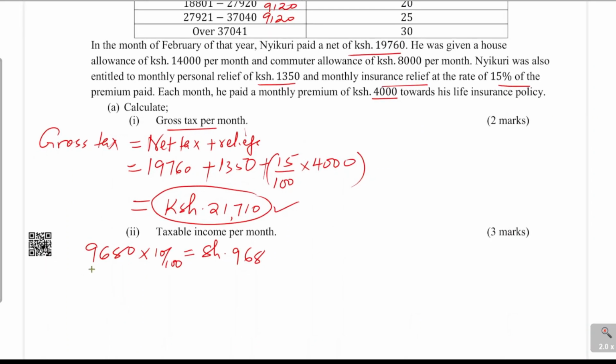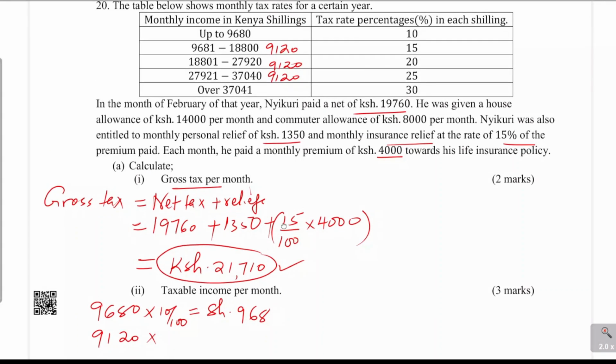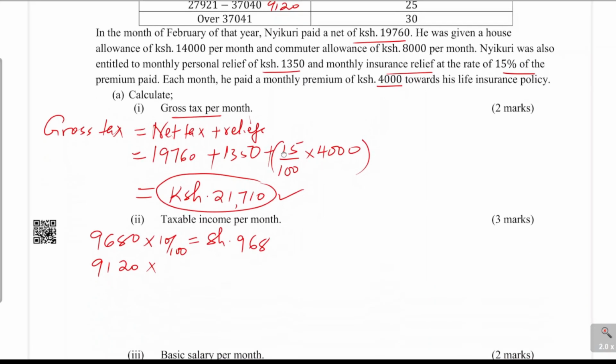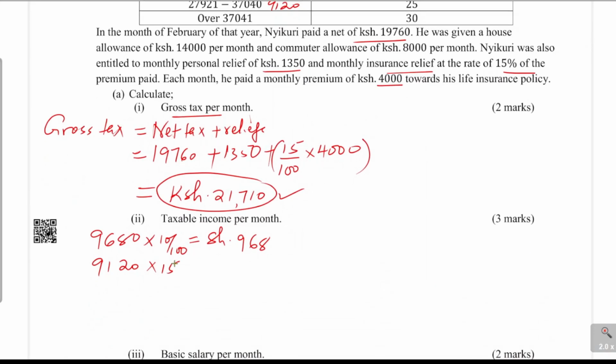So we go to the second band, the amount in the second band. We have 9120 times the rate in that band, which is 15%. That is 15 over 100, and that one will give a tax of 1368. So we proceed until we get this tax of 21,710.